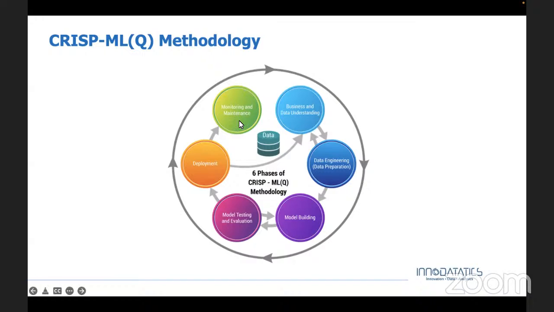You need to monitor and maintain the model on an ongoing basis. Once you feel that the model is valid, you continue using it. If you feel that your model is giving incorrect results, that is, model drift, or that the data on which you built your initial model has changed, then you need to retrain your model.